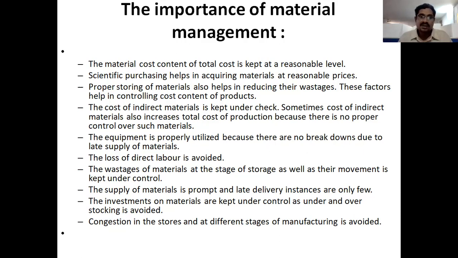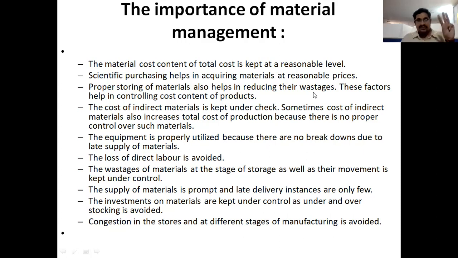Next, scientific purchasing helps in acquiring materials at a reasonable price also. I already told you, reasonable stock level and reasonable prices are the two major benefits from materials management. Next, proper storing of materials also helps in reducing wastages.